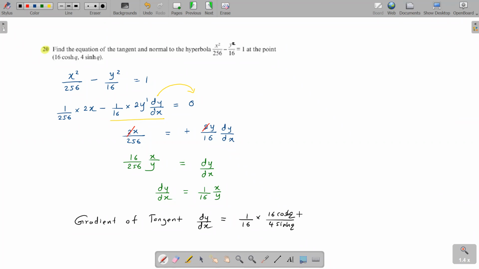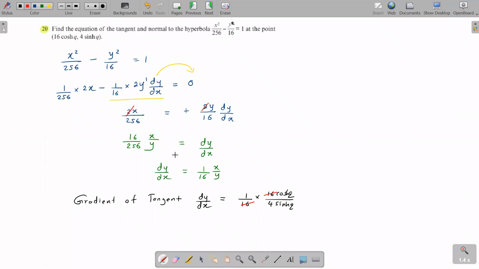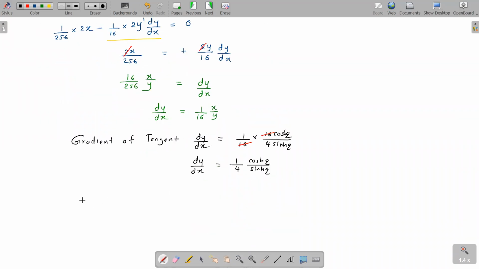Then I can cut off the 16 and I end up getting dy by dx of the tangent is 1 over 4, cos cube over sin cube. We could leave it like this. And then let's get the equation of tangent.